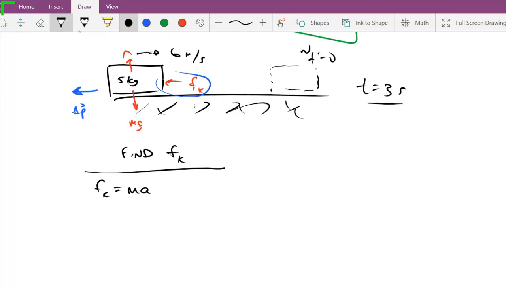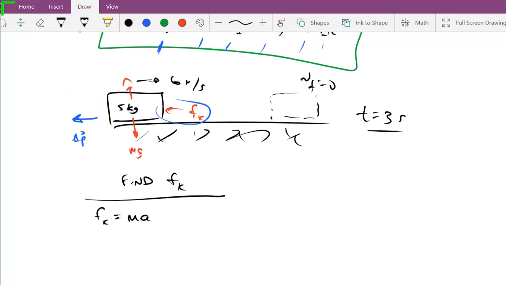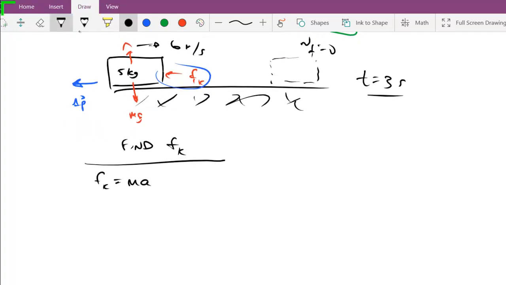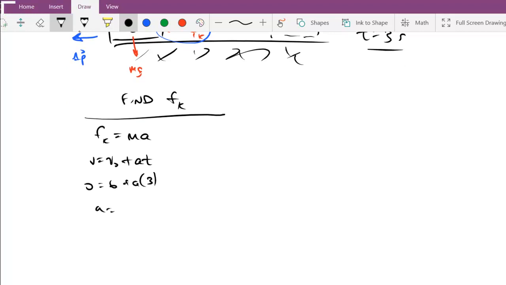Actually, given that we have a time, we'll use kinematics first. I think it'll make more sense. So we have a time of 3 seconds, a change in velocity. So v is equal to v naught plus at. So the final velocity 0 is equal to 6 plus our acceleration times the time of 3 seconds. And we would see here our acceleration is equal to negative 2 meters per second.